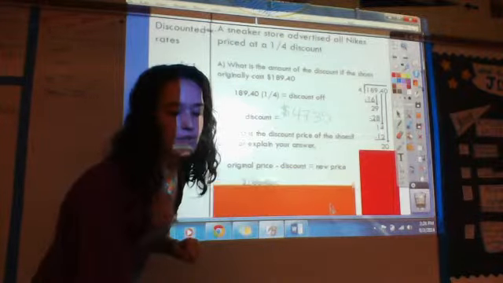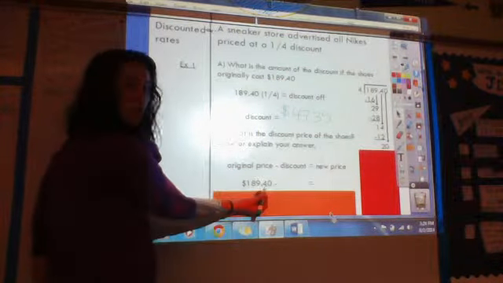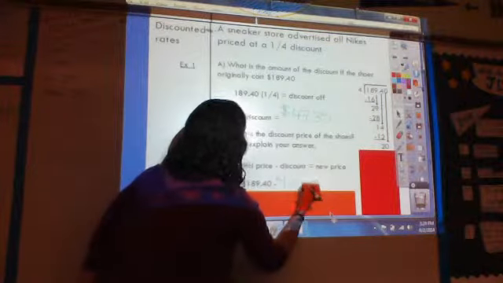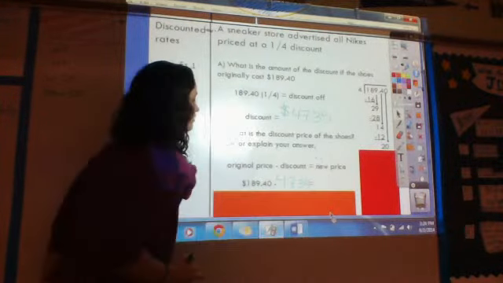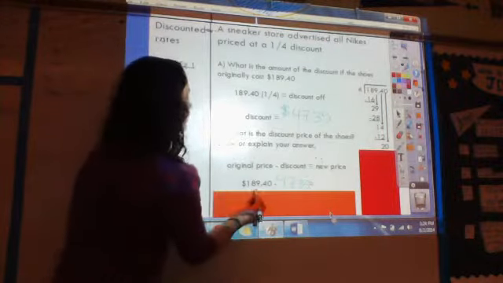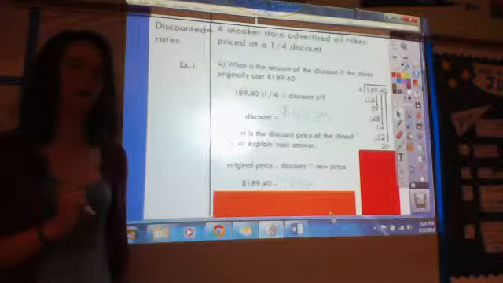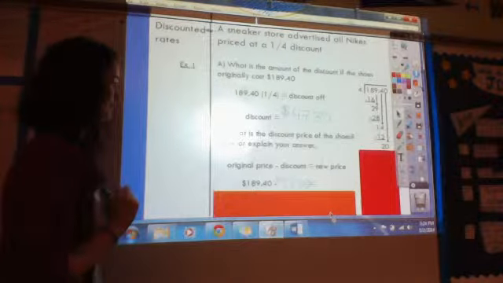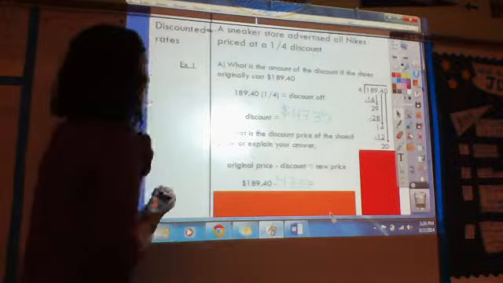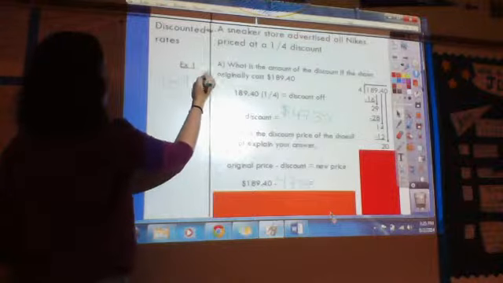So, if I fill in my original price, so we knew the original price was $189.40. We found that our discount was $47.35. On your paper, I want you to write down what is 189.40 minus 47.35. Okay, I'm going to do my math right over here. 189.40.